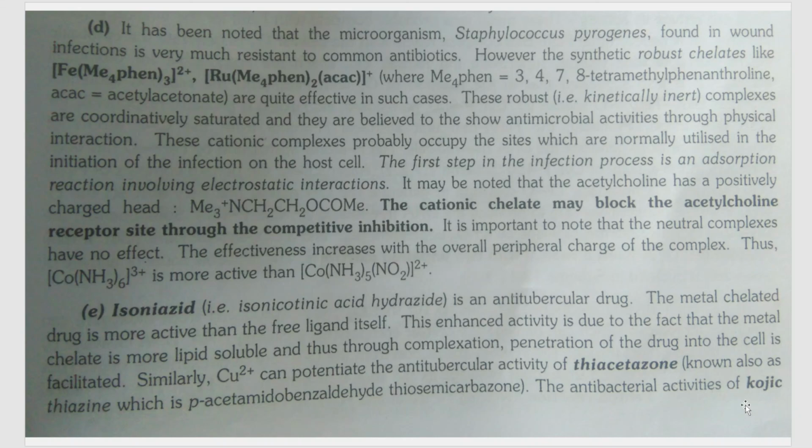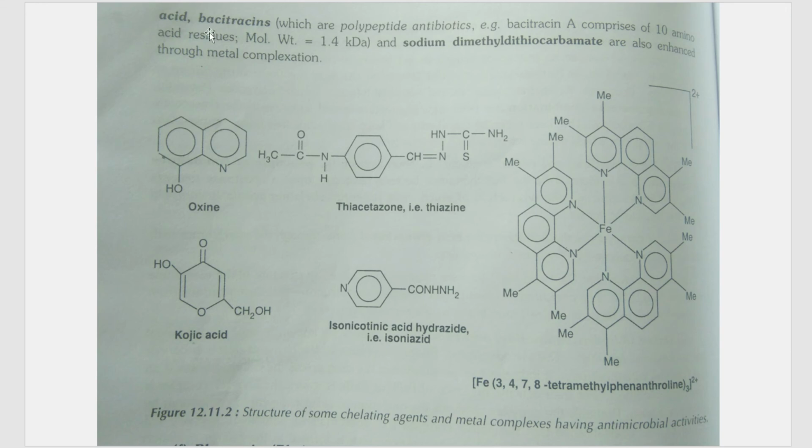Some other examples they have given are kojic acid, bacitracins and sodium methyl dicarbamate. All these drugs are used to treat tuberculosis, but their activity becomes enhanced through metal complexation. That is, if metal is incorporated into them, their activity becomes enhanced. This is the representation of kojic acid, and this is oxines.